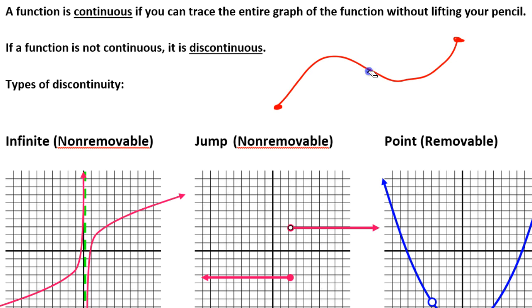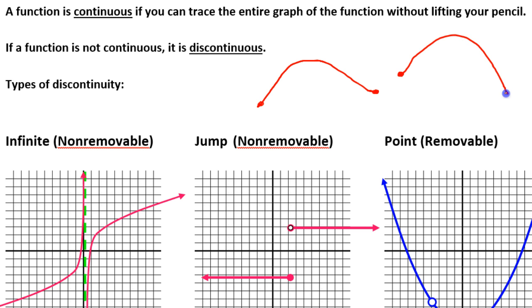If I took the same graph and put a break in it, okay, if I took the function and I went like this to it, and I'm considering this to be one function, then this is now discontinuous because it has a break in it.